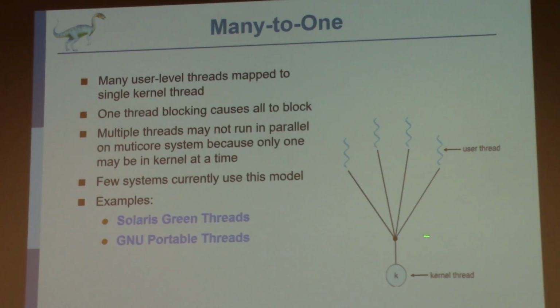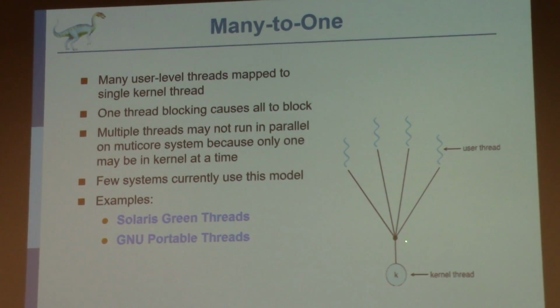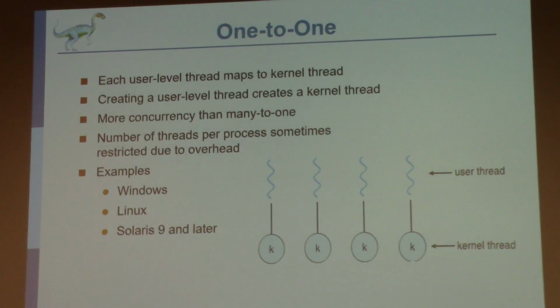Because of that, sometimes this is also called a scheduler, like a lightweight processor. It acts as a kind of CPU, processing the user thread requests. For example, Solaris green threads and GNU portable threads use this because it's simple, since we have only one kernel thread.